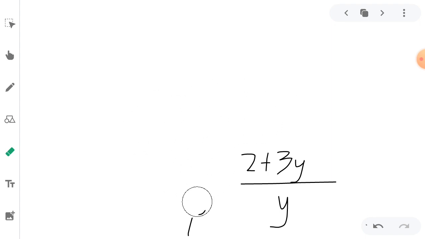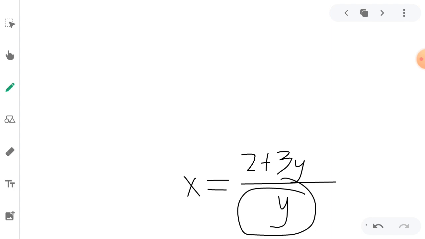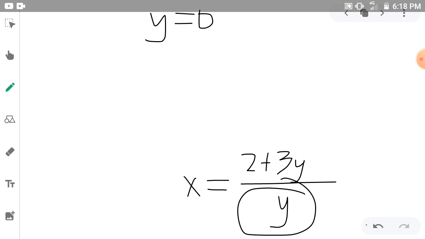Since this is now the value of our x, the next step is we need to equate the denominator to 0. So y is equal to 0.